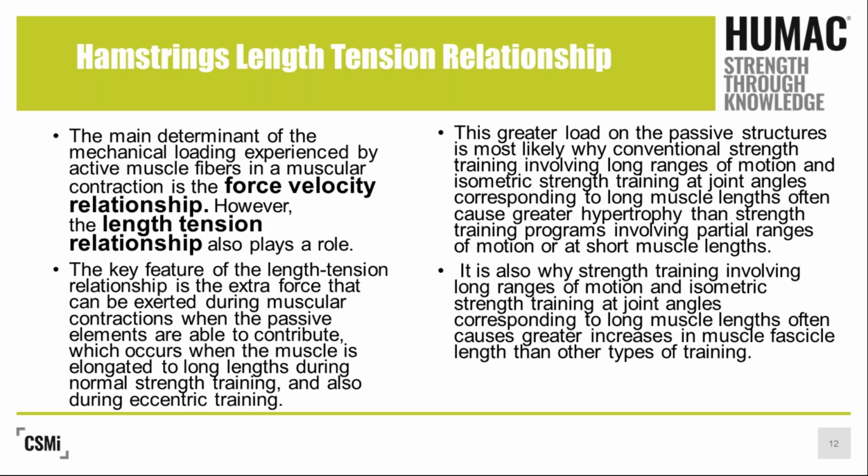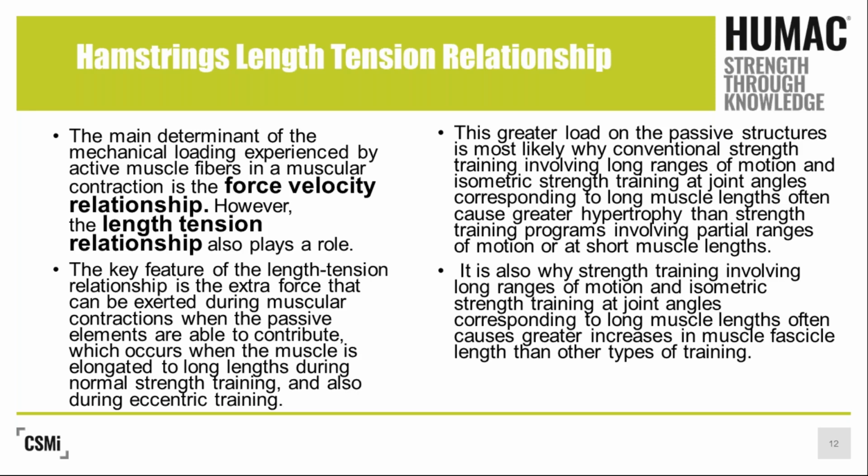And the key feature is that the length tension relationship is an extra force that can be exerted during muscular contractions when the passive elements are able to contribute, which occurs when the muscle is elongated to long lengths during normal strength training and also during eccentric training. So the greater load on those passive structures is also most likely why conventional strength training involving long ranges of motion, and isometric training at joint angles corresponding to long muscle lengths, often cause greater hypertrophy than strength training involving partial range of motion or at short muscle lengths.